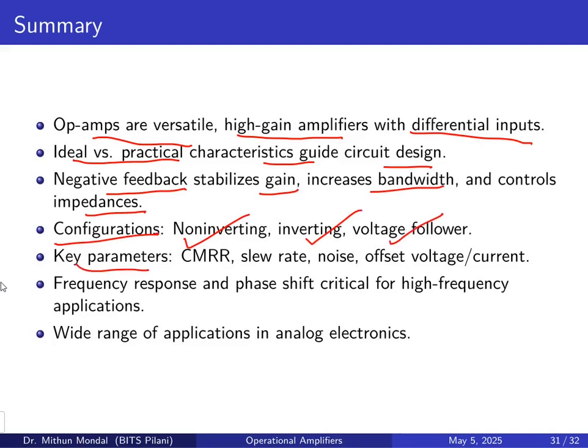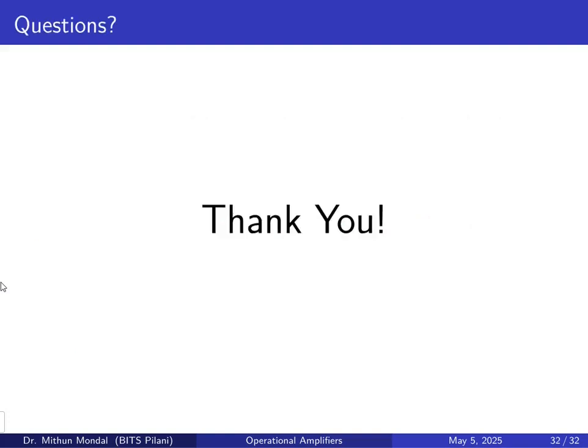The parameters of interest: common mode rejection ratio, slew rate, noise, and the voltage and current offset. Frequency response and phase shift are critical for high frequency applications, and a wide range of applications are there in analog electronics. So we have discussed the basic fundamentals of op-amp and their configurations.